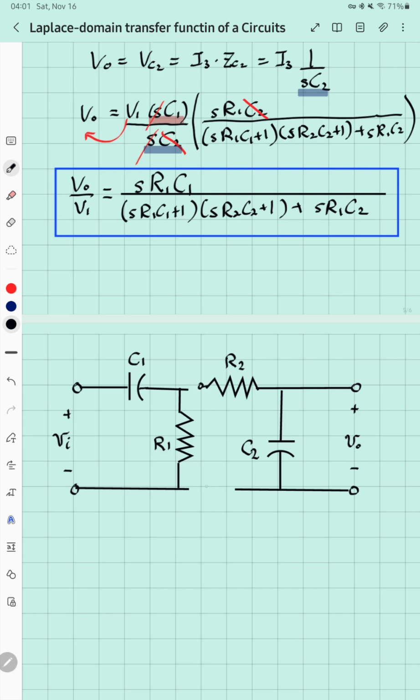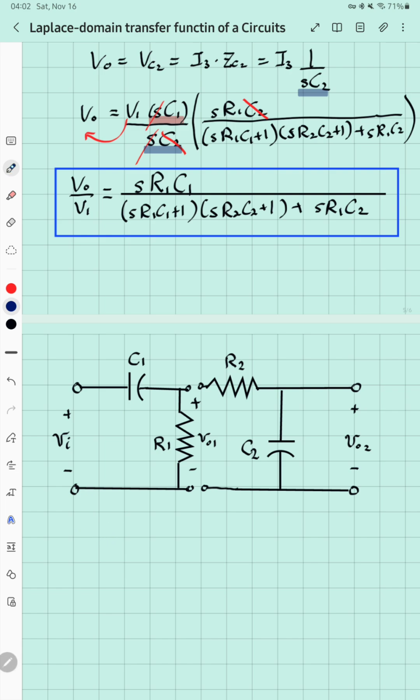So you have new terminals. This will be V out 2, this will be V out 1, plus, minus. Between the circuit on the left and the circuit on the right, that's a CR and then an RC circuit. Then let's see what we can do with it.